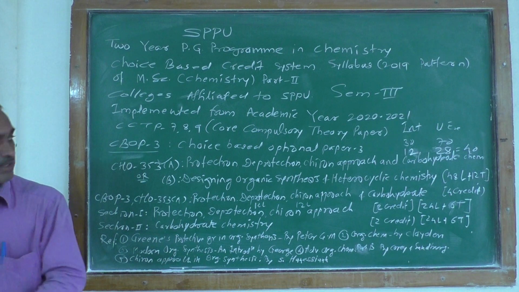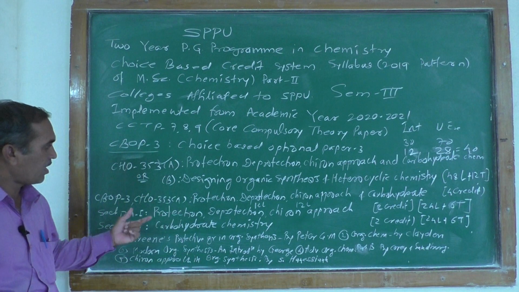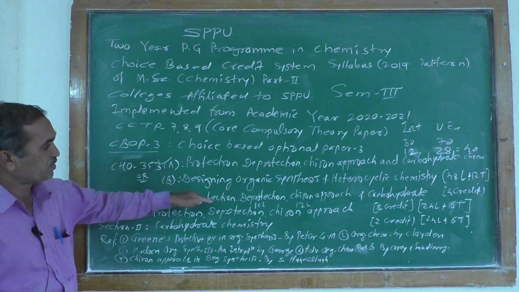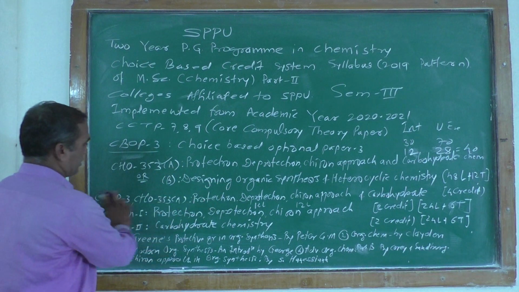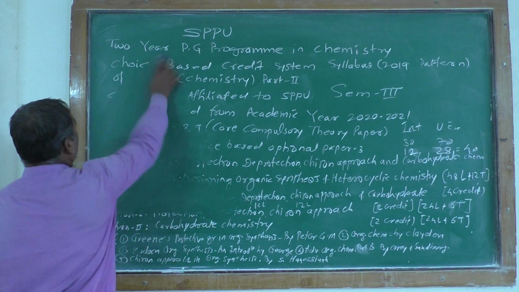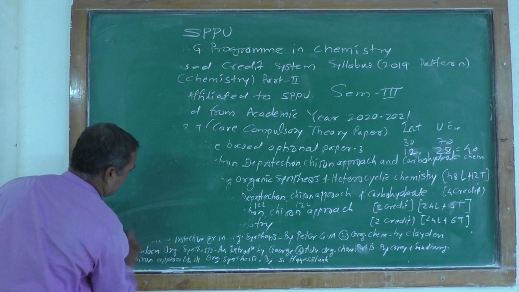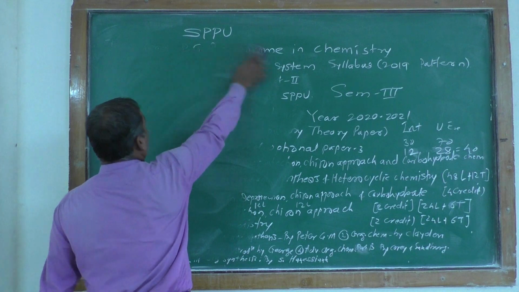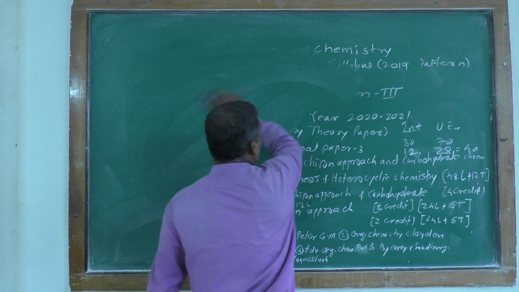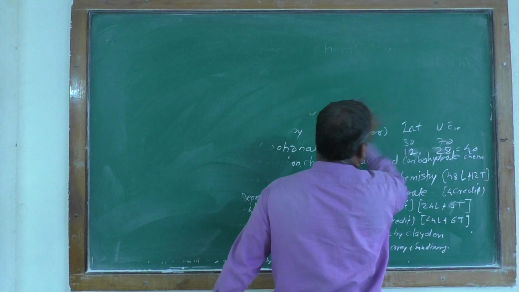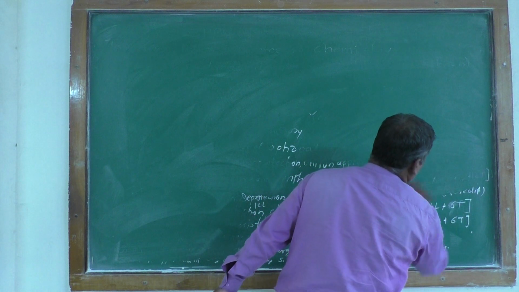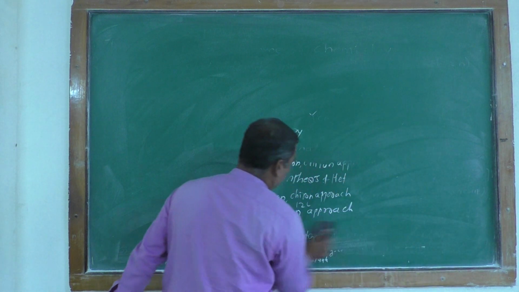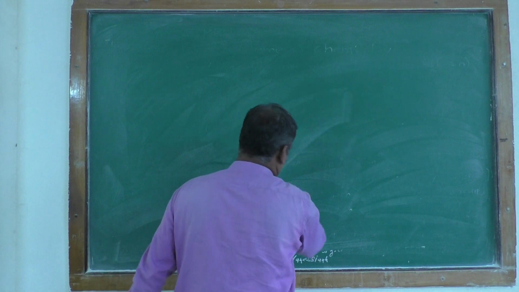Today let us start. First one is protection and deprotection. Let me clear this first. What do you mean by protection and deprotection? After that we will take the chiron approach, and after that carbohydrates.